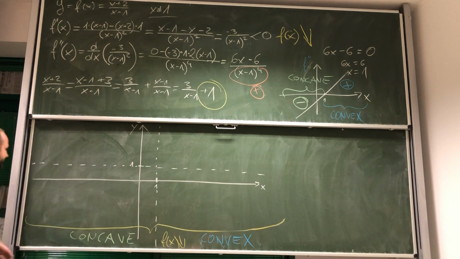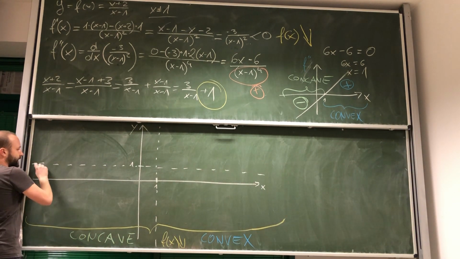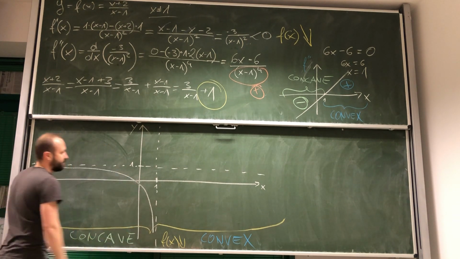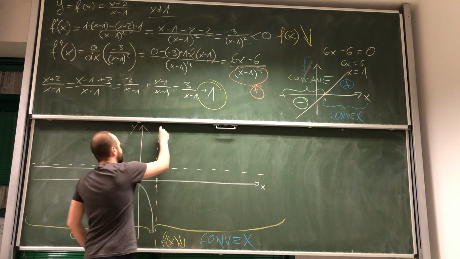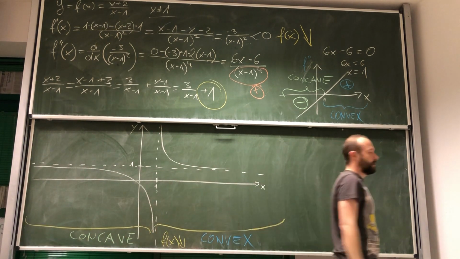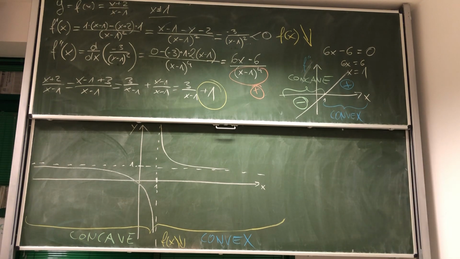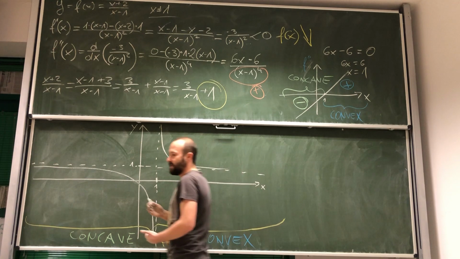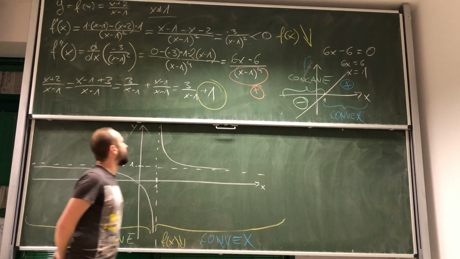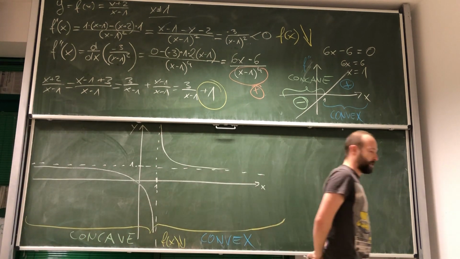Look, over here, it is decreasing concave. Over here, it is decreasing convex. And look, this is exactly the shape we've got in our previous exercise, in our previous classes, when we were manipulating the shape of the reciprocal function.